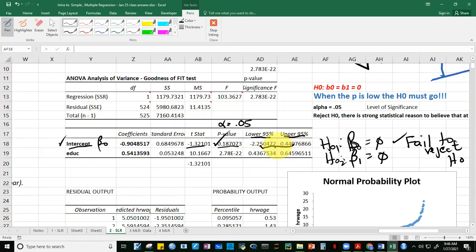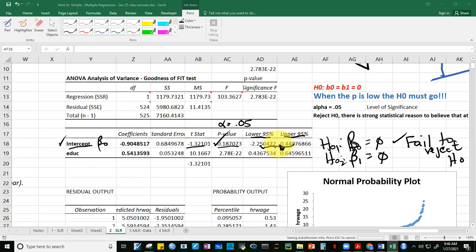Yes, sir. So, there's a possibility that your beta null, your intercept, is equal to 0. Kasi, yung confidence interval natin, it's between negative 2.25 at saka 0.44. Okay, thank you, James. So, possible guys na maging 0 yung beta 0 natin.